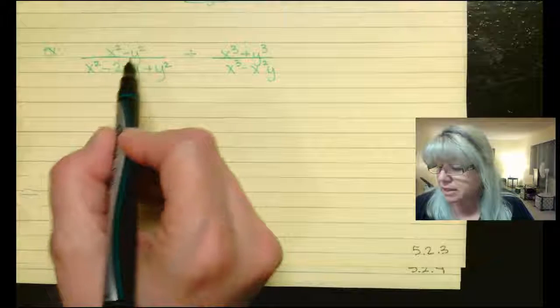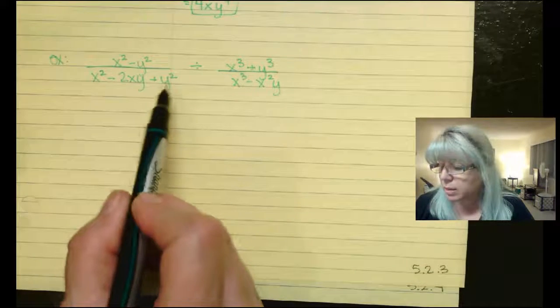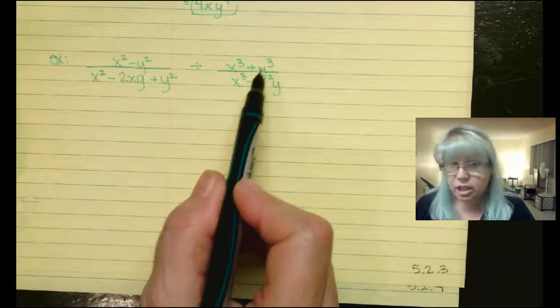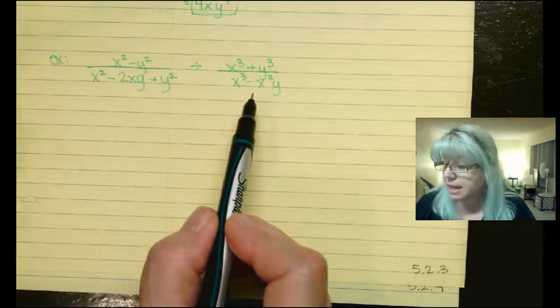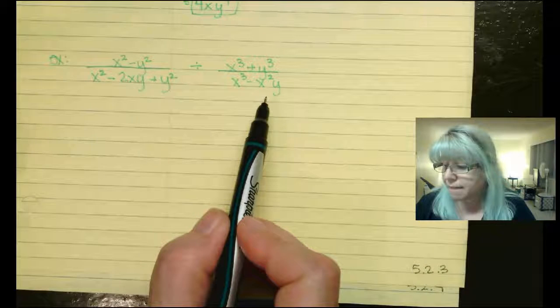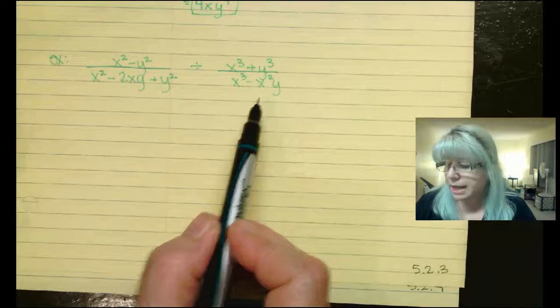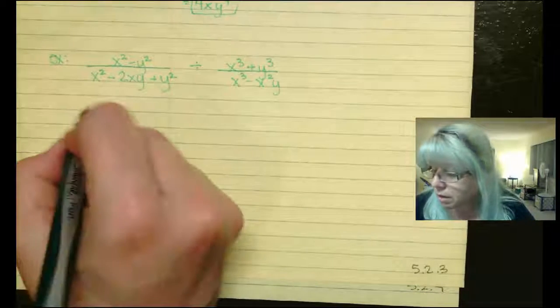X squared minus y squared all over x squared minus 2xy plus y squared divided by x cubed plus y cubed all over x cubed minus x squared y. All right. First thing I'm going to do here is multiply by the reciprocal. Right.